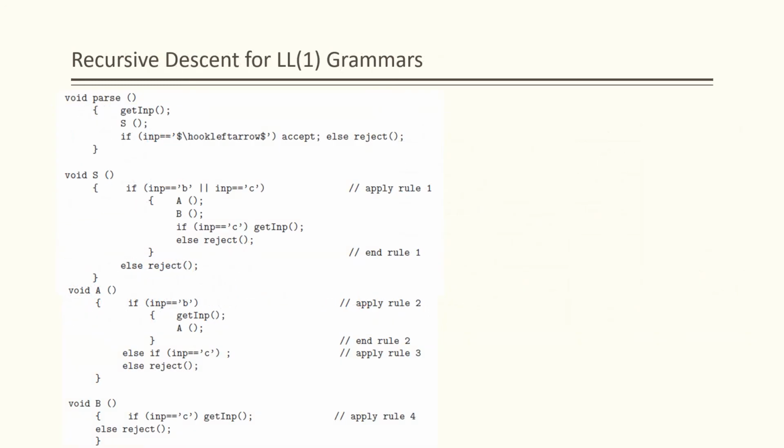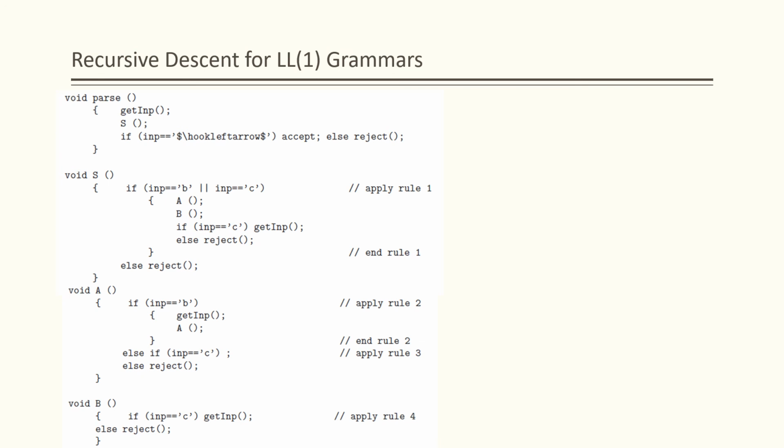The last part of the LL1 grammar is to construct the recursive descent. It is also similar to the one in the quasi-simple grammar. It is how you develop your Java code, with a method for each non-terminal in your grammar. So here we have void S, void A and void B, because these are the non-terminals we have.